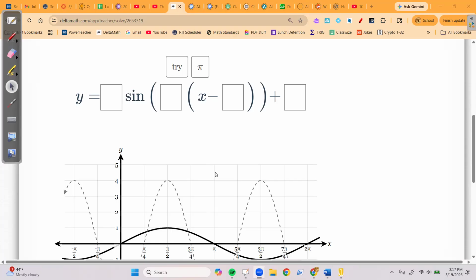So the first thing I would do if I were you, and I see Brenny writing some stuff down, I think you're wise to do that, is you should write down this template.